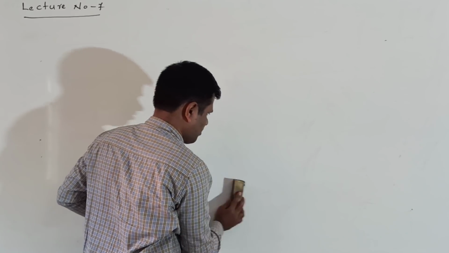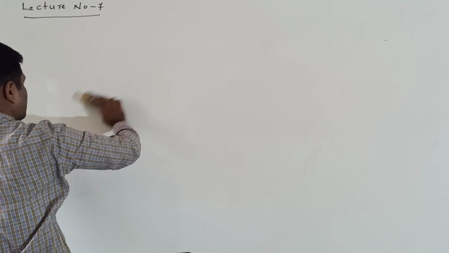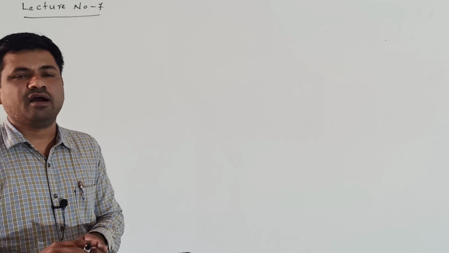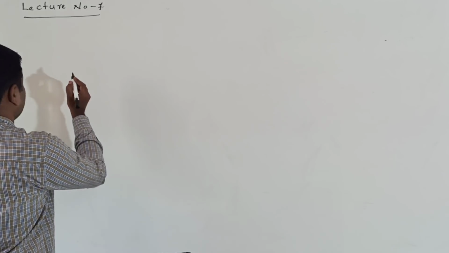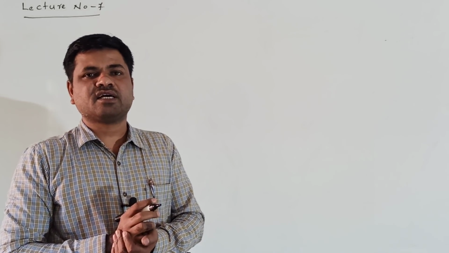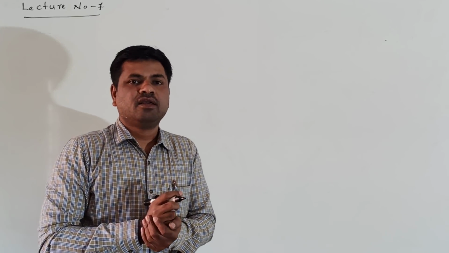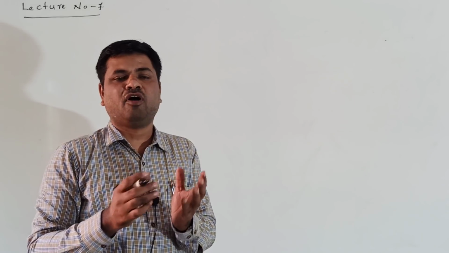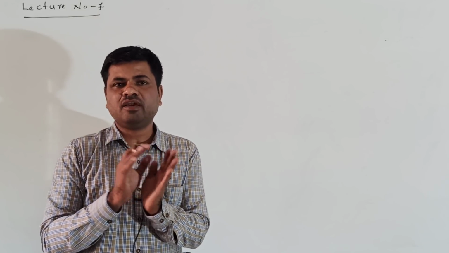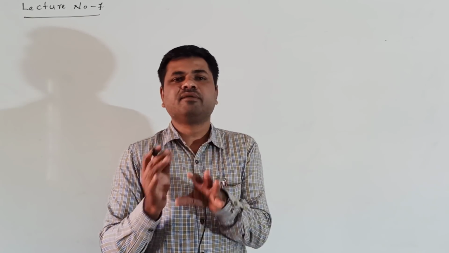Next we will go to the gravitational potential, since gravitational potential energy is completed. The derivation is the same, with only one difference. In the place of a body of mass m, here a body of unit mass is coming.